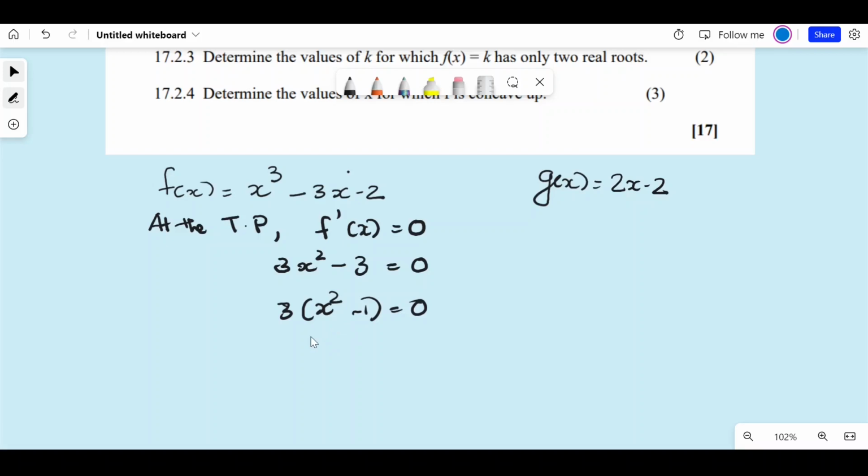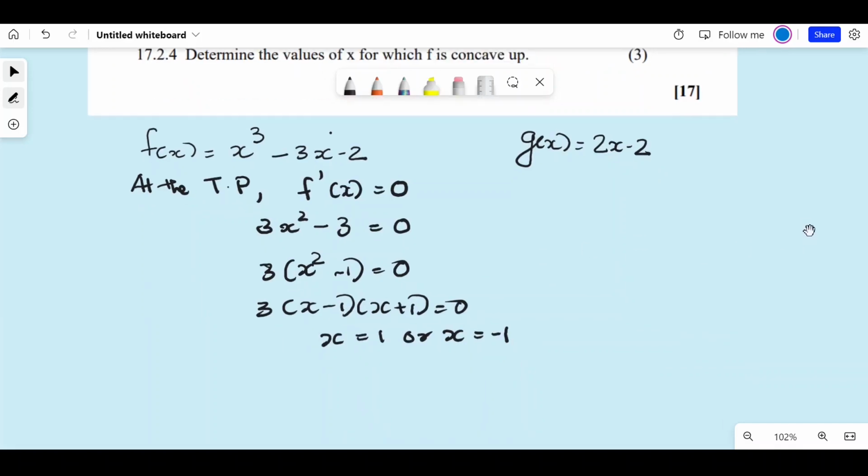Now it's a difference of squares, so it's x minus 1 and x plus 1 equal to 0. Therefore, the solutions are x equal to 1 or x equal to negative 1. That means the x-coordinates of the turning points are x equal to 1 and x equal to negative 1.